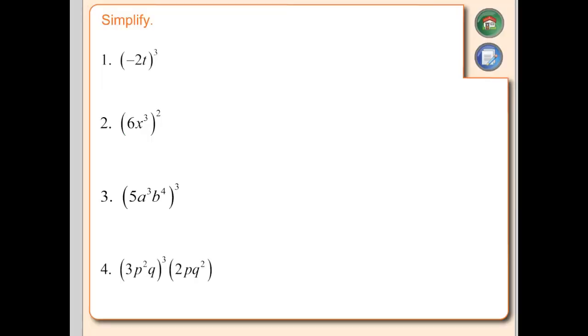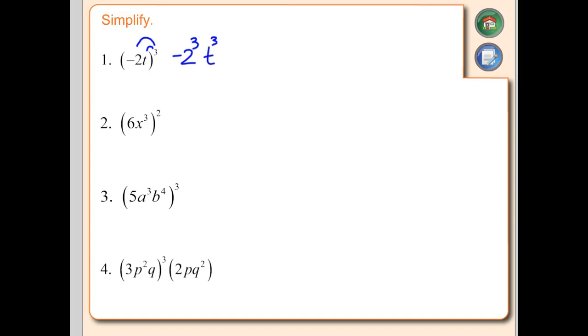Okay, now notice, here we go. Recognize the parentheses, who's in the parentheses, and who's out of the parentheses. So let's look at the first one. Now remember, we're going to take that cubed on the outside and make that the exponent of everybody on the inside. So that means we've got -2 cubed and we've got t cubed.